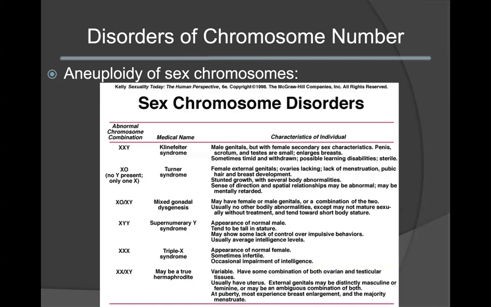We can also have individuals that are XO or XY, individuals that have an extra Y chromosome, individuals that have 3 X chromosomes, and individuals that are XX and XY. Please take a minute to refer to the chart below to see the different characteristics of individuals with aneuploidy in the sex chromosomes.